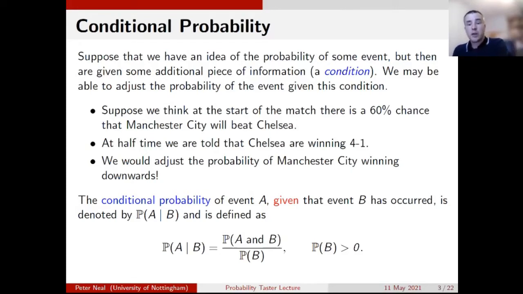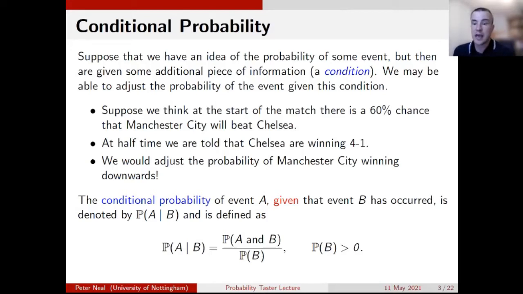We express this mathematically as probability of A given B. We use a vertical line to divide between, on the left-hand side, the event we're interested in, and on the right-hand side, the event we're conditioning upon, the known information.